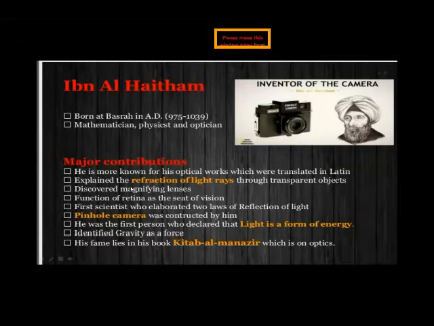Also, he discovered magnifying lenses and the function of the retina as the seat of vision. When rays of light pass through the lens, they form the image on the retina. Then sight becomes possible and we can see different objects.